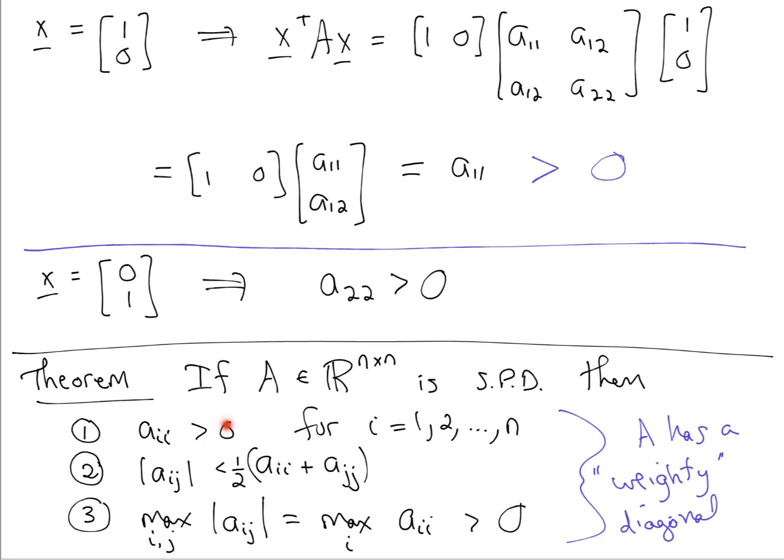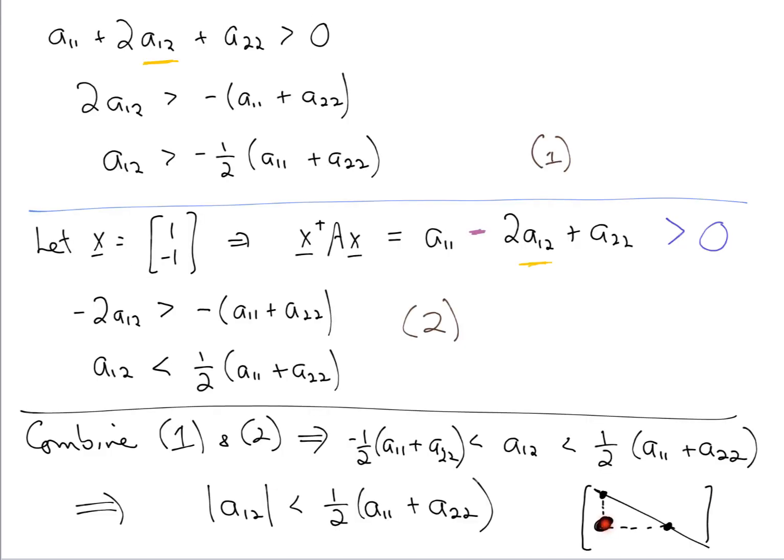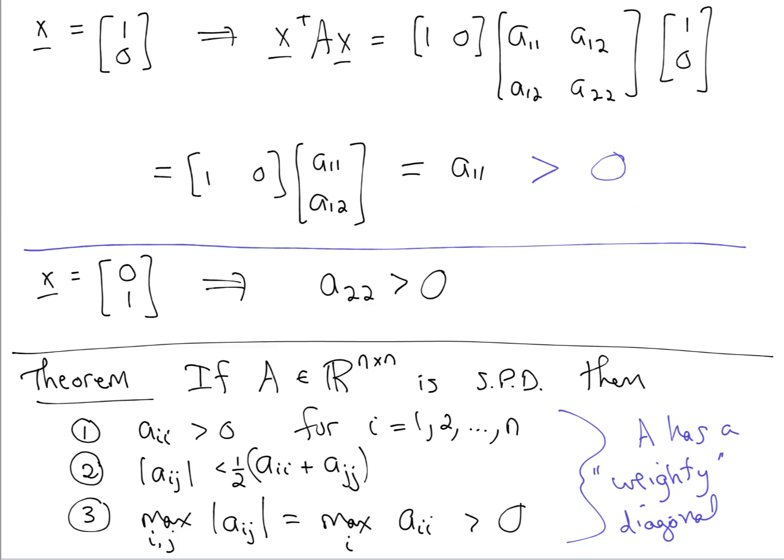All the diagonal entries are positive. Any off-diagonal entry in absolute value is smaller than the average of the corresponding diagonal entries: you go over to the diagonal and up to the diagonal, average those entries, and you get something that is bigger in size than your off-diagonal entry. And the biggest entry in size on the matrix happens on the diagonal.